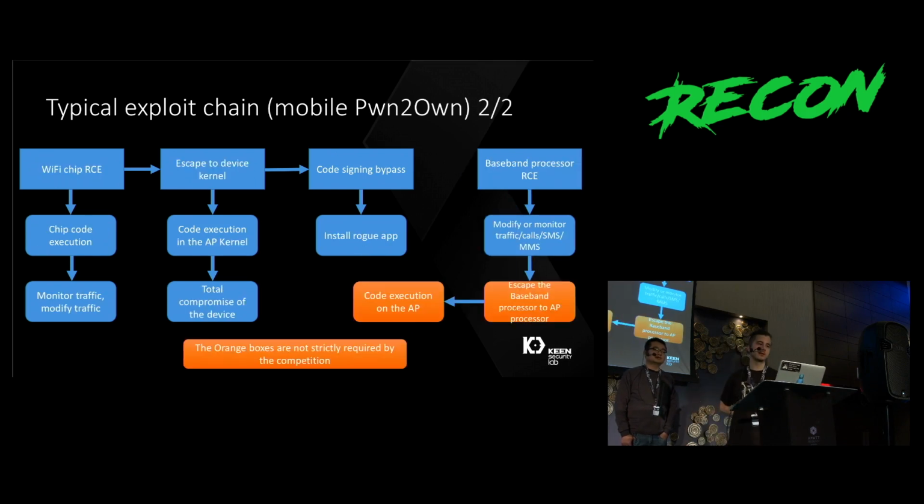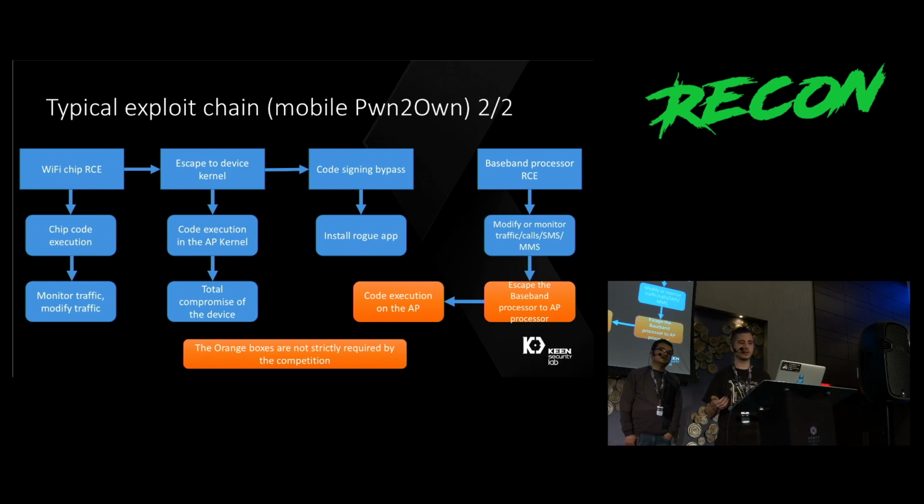The other category is a little bit different. You can see here the entry point is the Wi-Fi chip or baseband chip. Initially, with your first bug, you get code execution inside these small processors. And at this point, you have the ability to monitor traffic, monitor SMS, monitor calls.